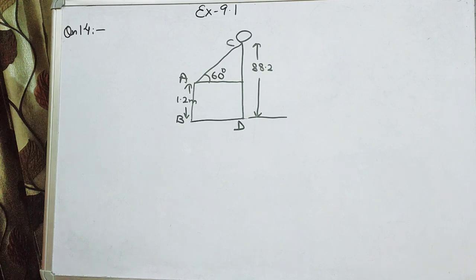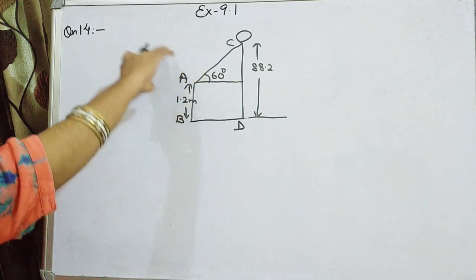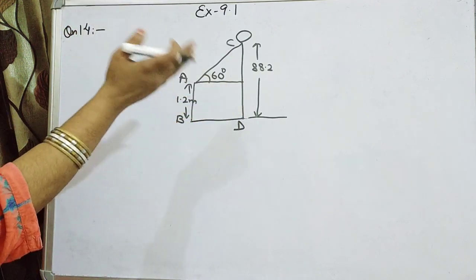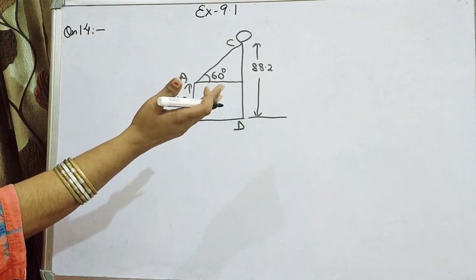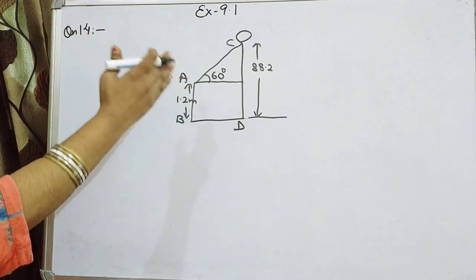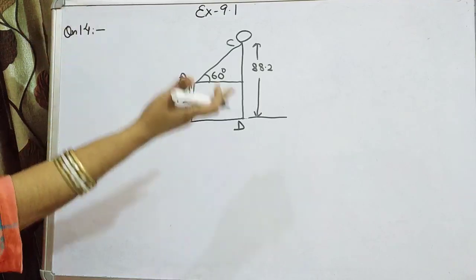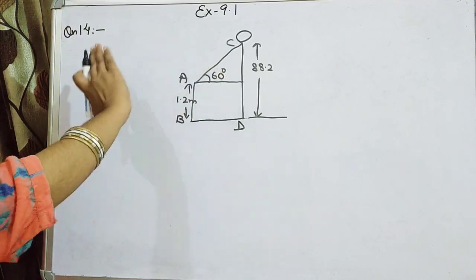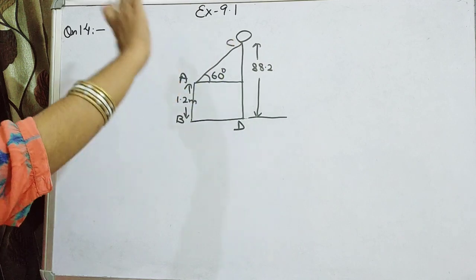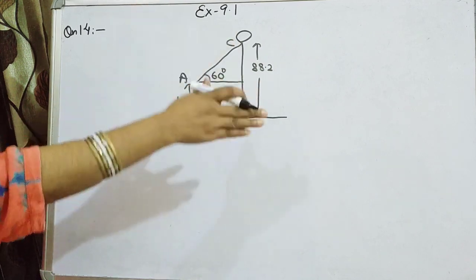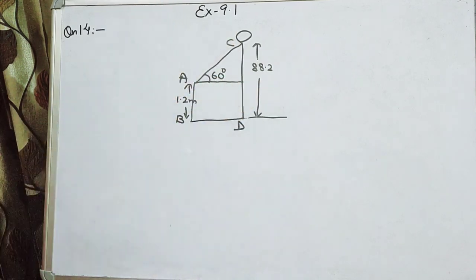Now if this angle reduces to 30 degree, it means the balloon is moving away from the girl. After some time it reaches a point where the angle of elevation will be 30 degree.